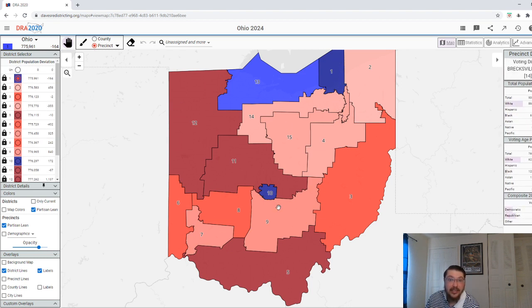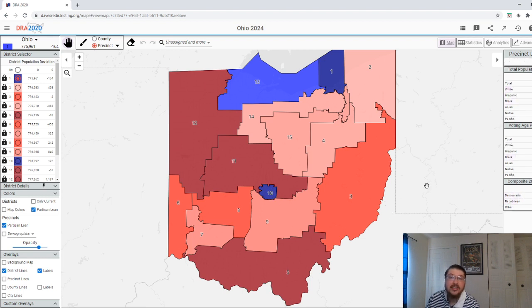Cleveland getting a district, and Columbus getting its own district, but because the state has lost population, especially around the Cleveland area, getting competitive, you're going to wind up with competitive districts, especially around Cleveland in this area and south of Toledo.